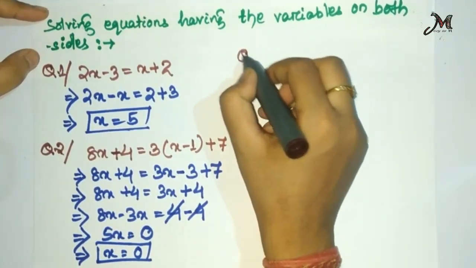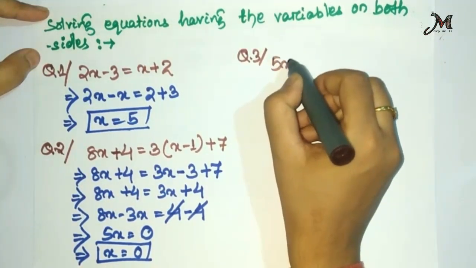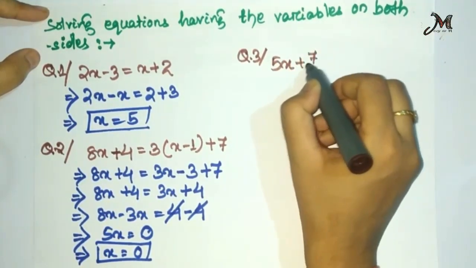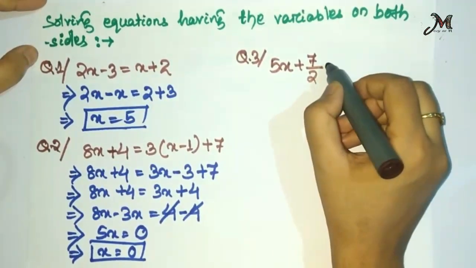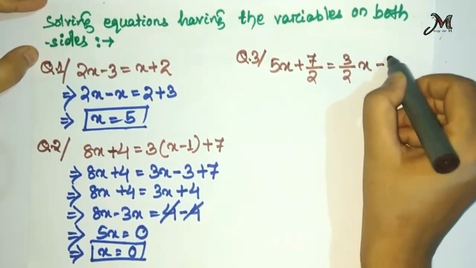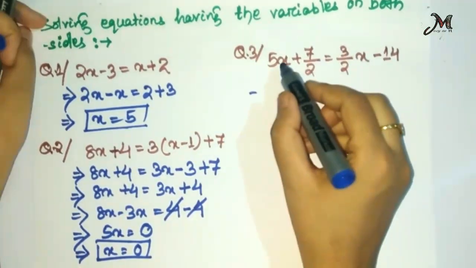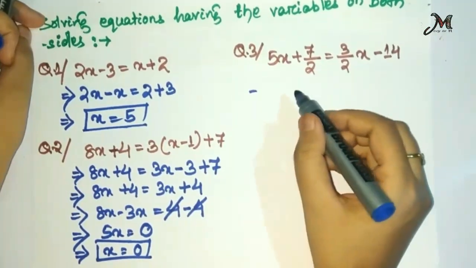Suppose question number 3 is 5x plus 7 by 2 is equal to 3 by 2 into x minus 40. See students, here we'll arrange the like terms.